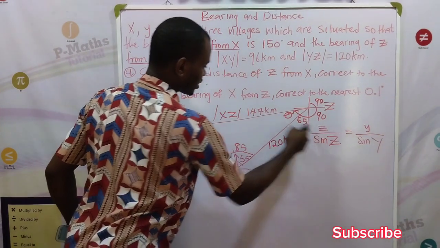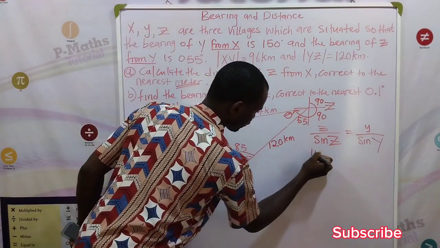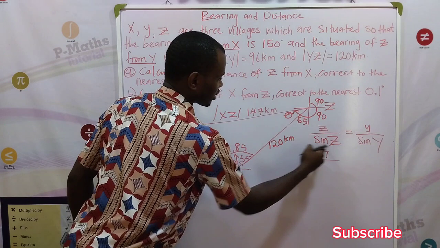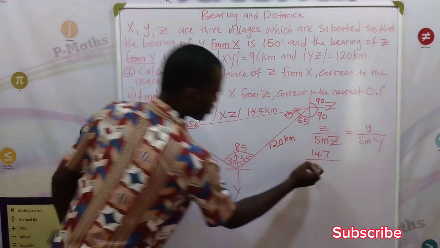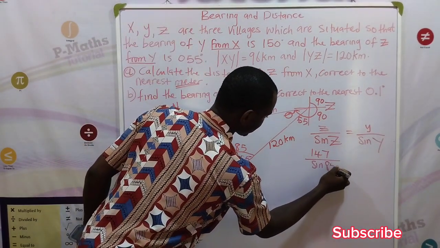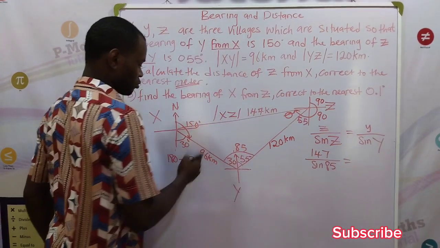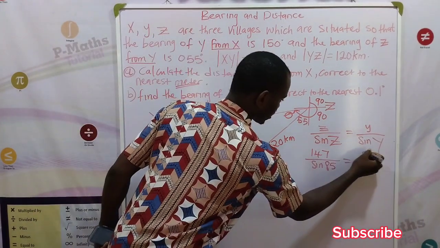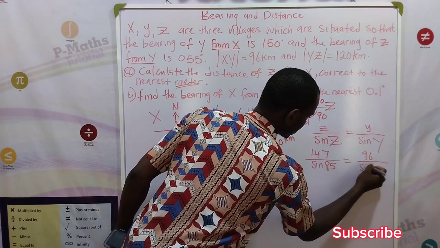So the opposite side is 147. I'll have 147 over sine capital Z, that is the angle here, sine 85. Then small y, 96 over sine Y.